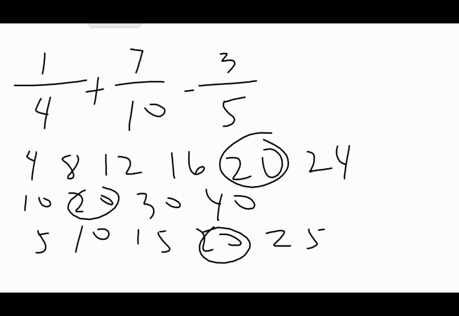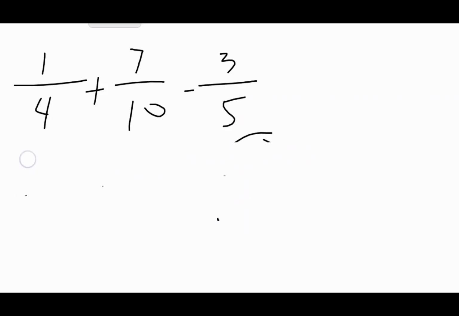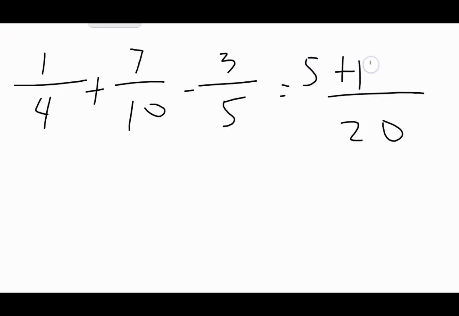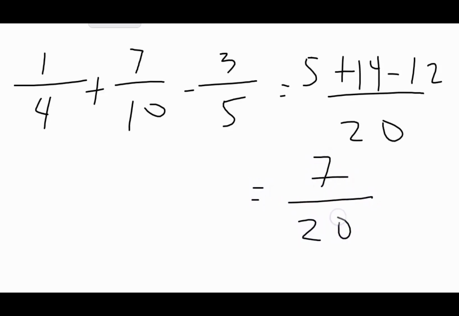So we will use 20 as the denominator. Divide 20 by the denominators. 20 divided by 4 is 5 times 1, that's 5. Plus 20 divided by 10 is 2 times 7, that's 14. And 20 divided by 5 is 4 times 3, that's 12. Copy the sign, that's negative. So the answer is 7 over 20.